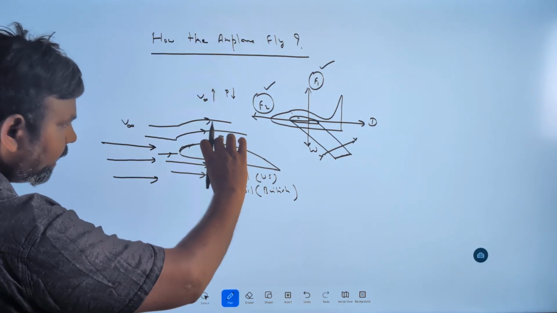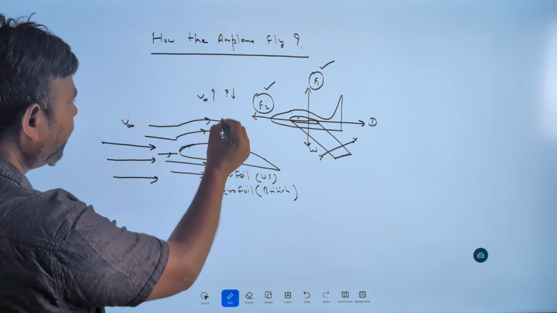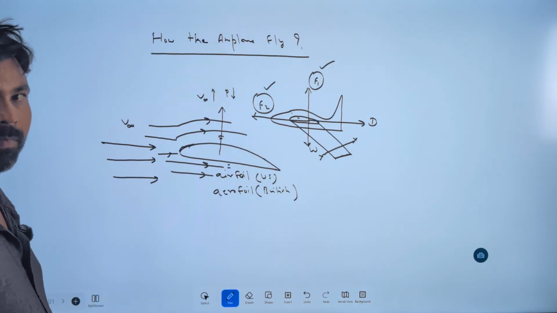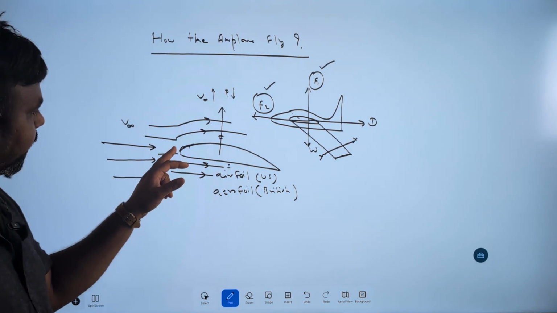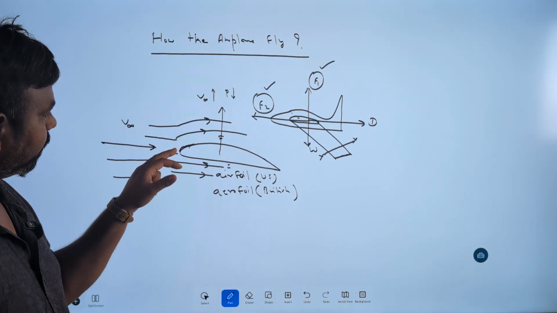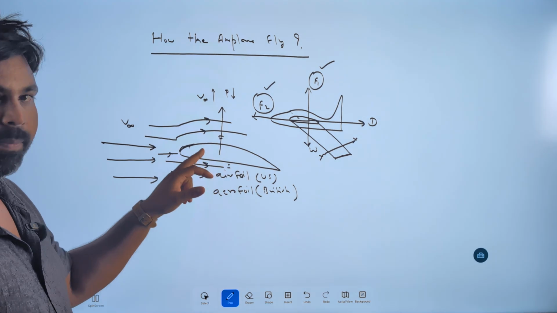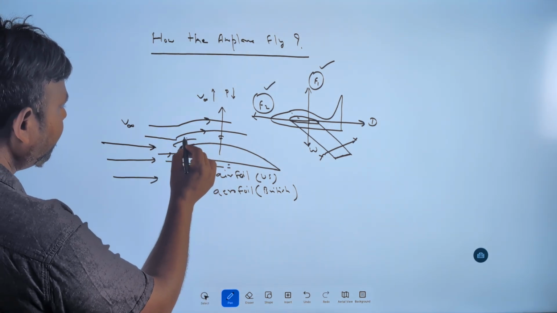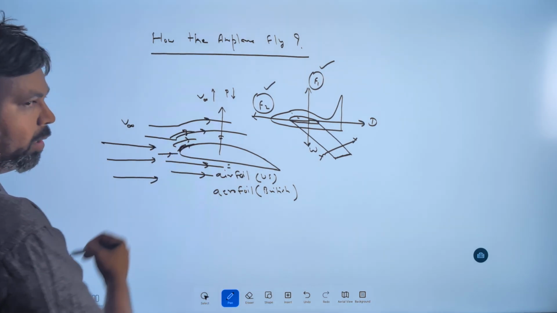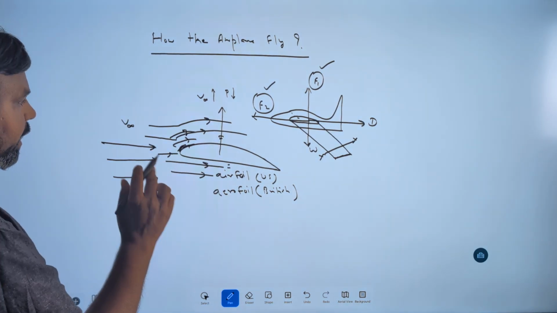Then there will be a pressure difference between the upper and lower surface, then there will be a force. So we can create this force by making this type of shape in our aerodynamics. What this shape is doing is just accelerating the flow at the upper surface. So the velocity gets increased and the pressure gets decreased. That is our work.